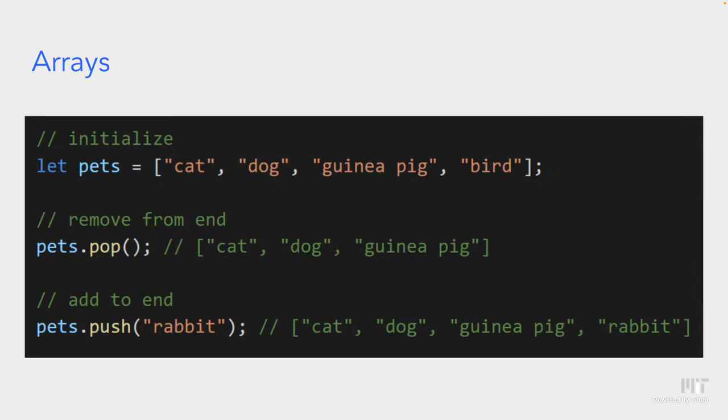One thing that's also cool about pop is that it not only pops the thing from the end, it also returns it, which might be useful in some cases. Similarly, if you want to add to the end, like the append function in a Python list, you can use push, which adds whatever you want to the end of the array.